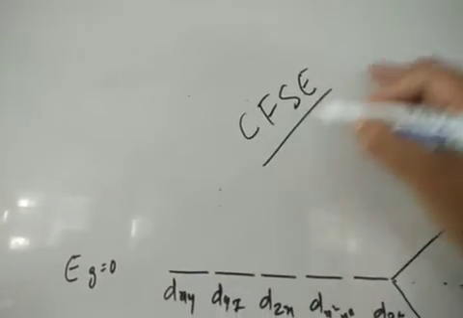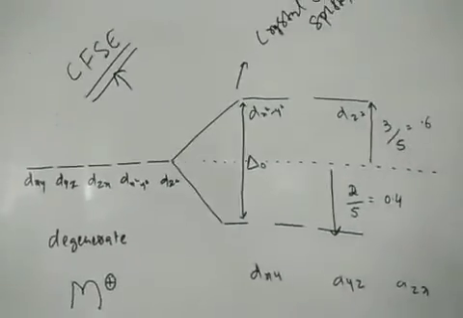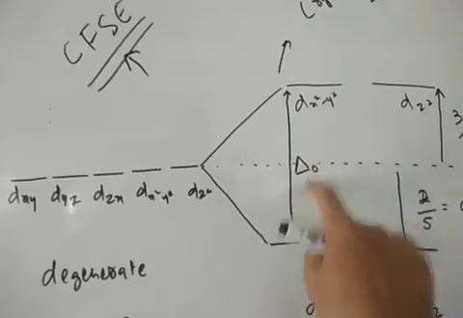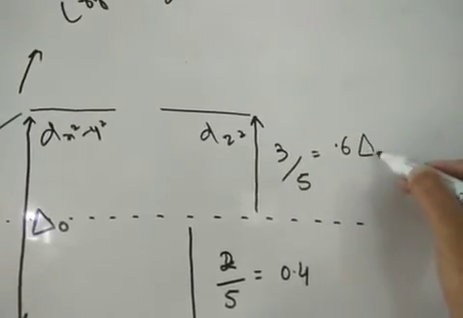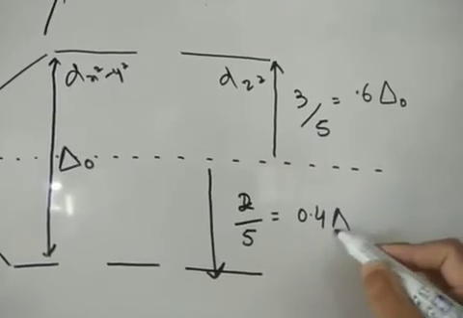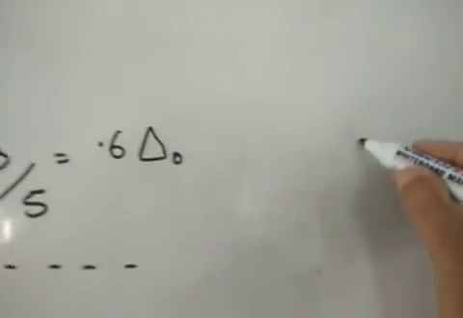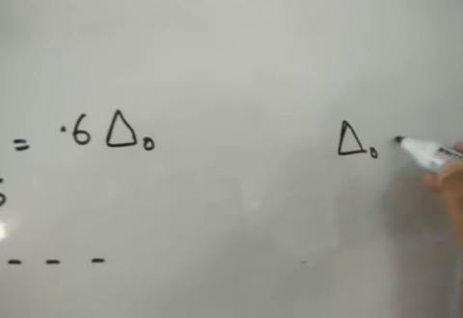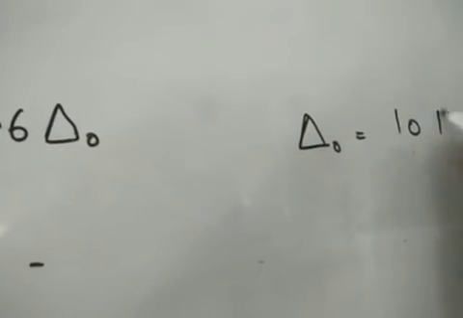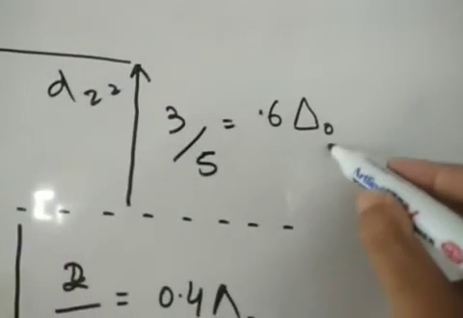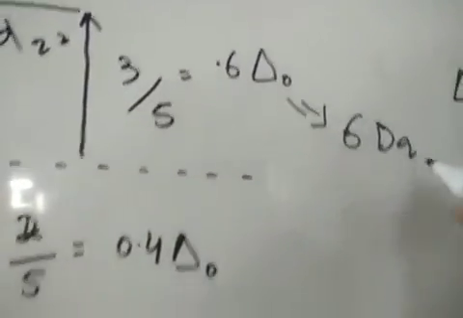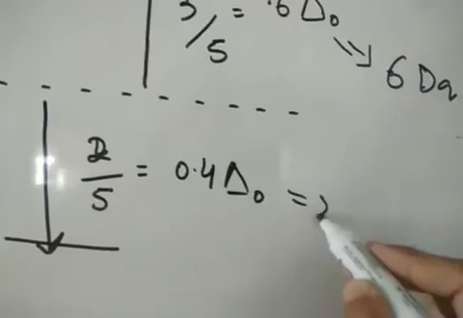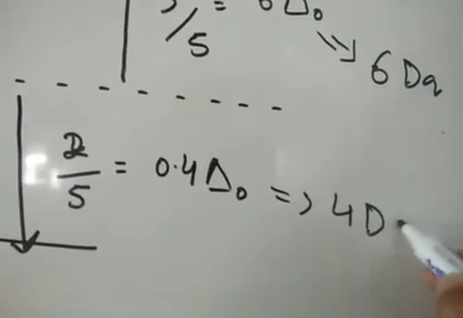So overall the complex gets stabilized because of this splitting. So this is called the crystal field stabilizing energy in the octahedral complex. So we can show it by delta O. Now this delta octahedral is equal to 10 Dq. So we can express this as 6 Dq and we can express this as 4 Dq.